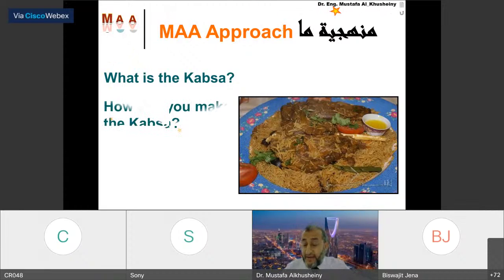Now, if another person asks about the kabsa with a different meaning, a different method, how can you make kabsa? The answer may take hours to explain how to make it, and at the end we cannot get the quality of that meal, the taste of that meal.